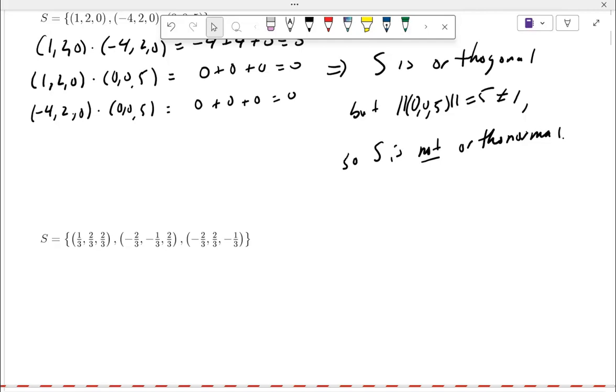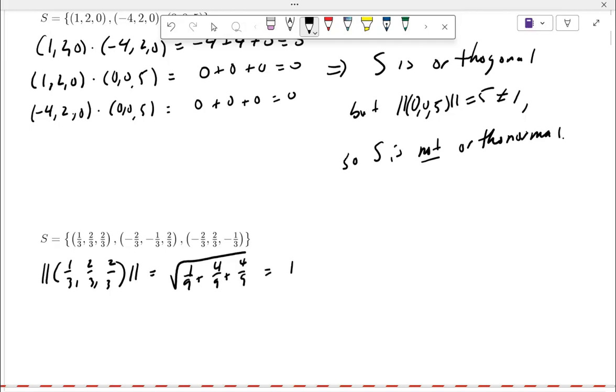What is the length of the first vector? I bet it's 1, otherwise it'd be a really bad example. The square root of 1/9 plus 4/9 plus 4/9 gives me 1. So all of them are going to have length 1 because they all have the same length. You can check pretty quickly.